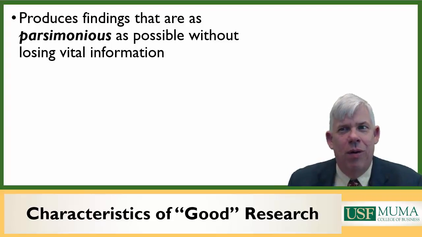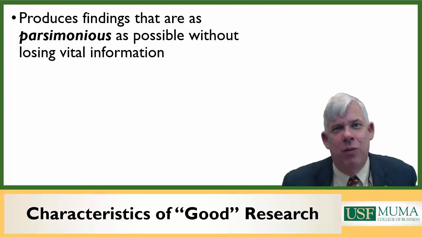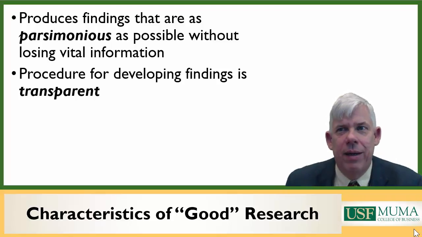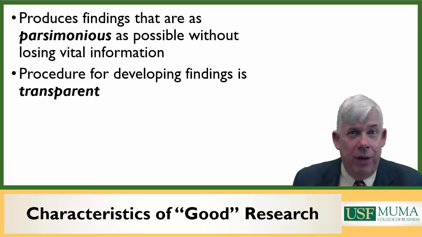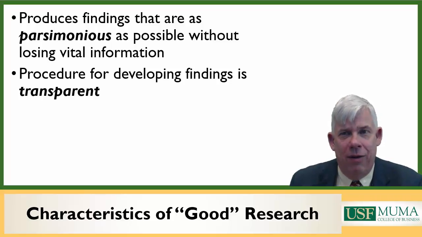Because the more items we're thinking about, the more information that's required for the analysis, the harder it's going to be to communicate and the harder it's going to be to do it without making errors. Second characteristic is we want the procedure for developing that research to be transparent.